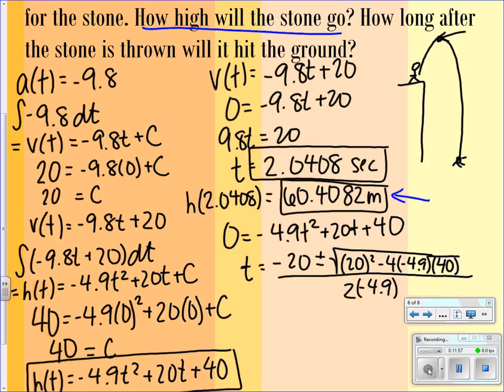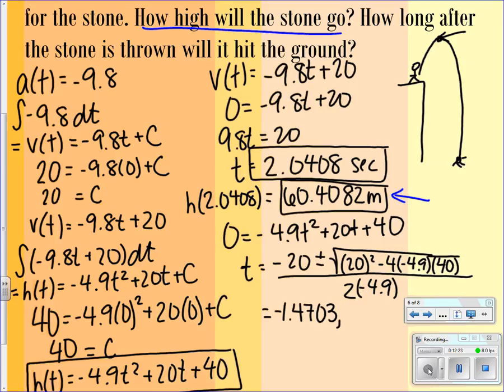And so we're going to plug that into our calculator, and you should get two numbers. One of them is going to be a negative number, negative 1.4703.